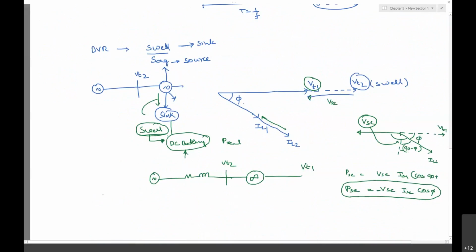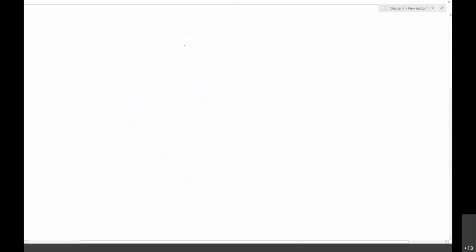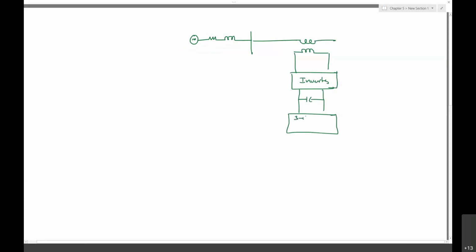Suppose if you are going for a system, you have a transformer, and you have an inverter, and this is having a capacitor, and this is having a three-phase control rectifier also.